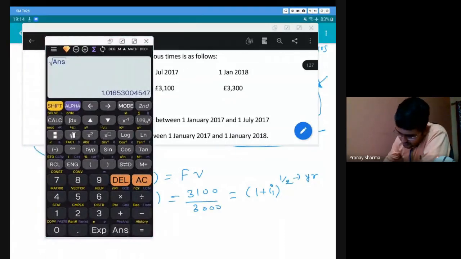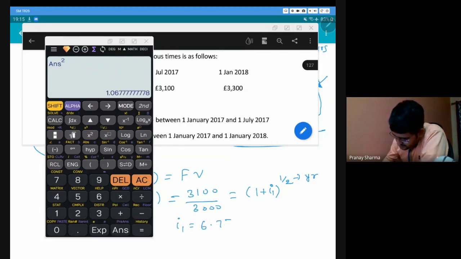It will become square, right? So I will have 3,100 divided by 3,000, equal to, and then I will square it. So I'm getting I1 is equal to 6.7778%. You can see that.